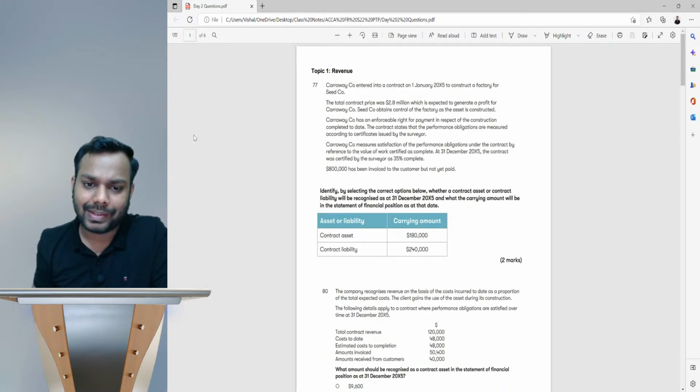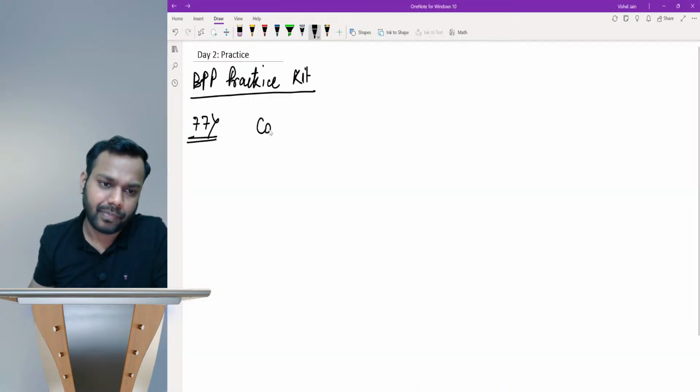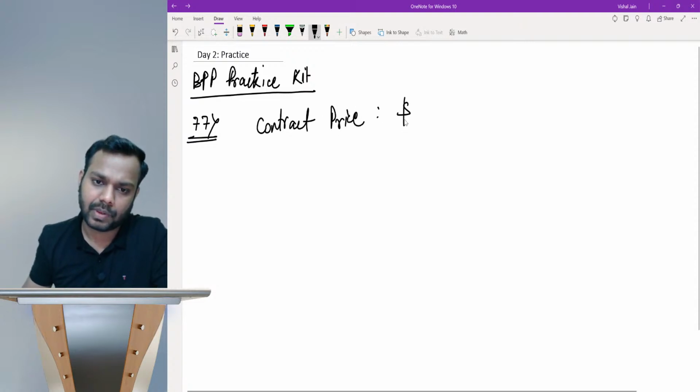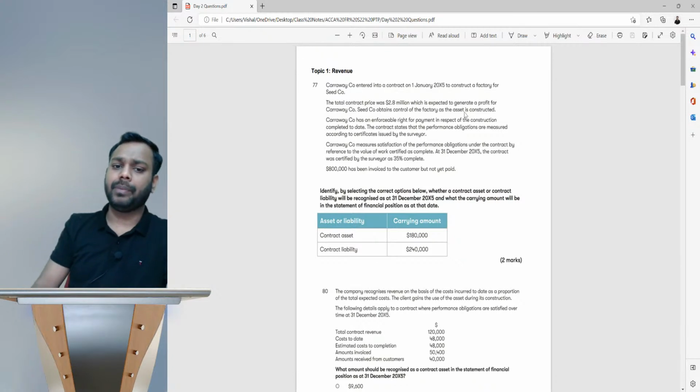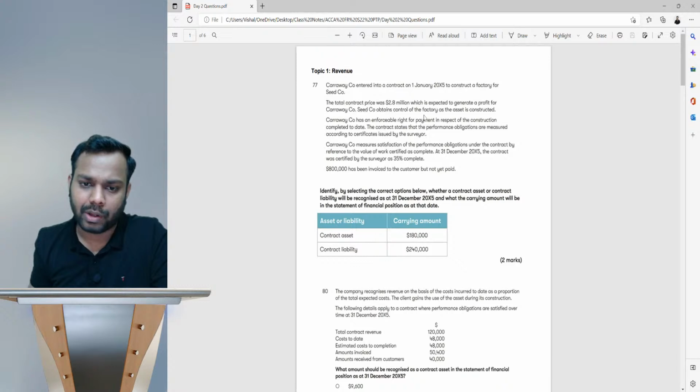The contract price is $2.8 million, which is expected to generate a profit for Caraway. The seed company obtains control of the factory as the asset is constructed, so condition number 2 is satisfied. Caraway has an enforceable right to payment for the construction completed till date, so condition number 3 is also satisfied.